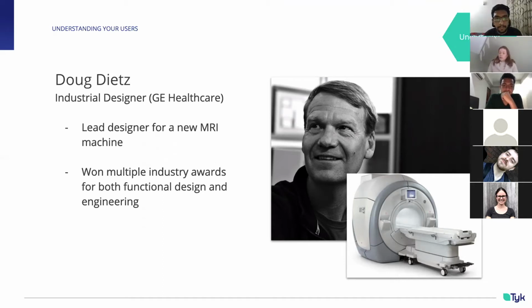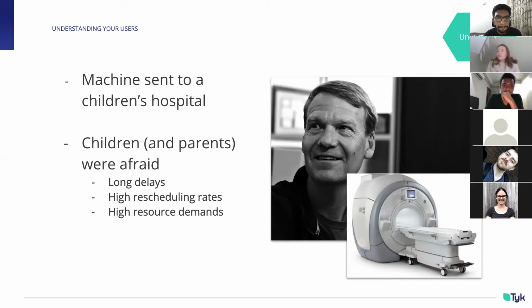What he actually realised was, he got invited into a children's hospital where this scanner was just about to be used, and what he saw actually quite upset him. The children and the parents were afraid. It was a difficult situation they were in. It was obviously a scary time for them as a family.